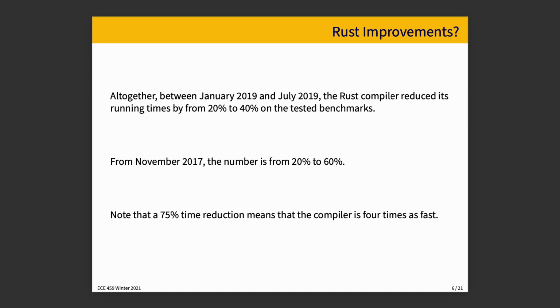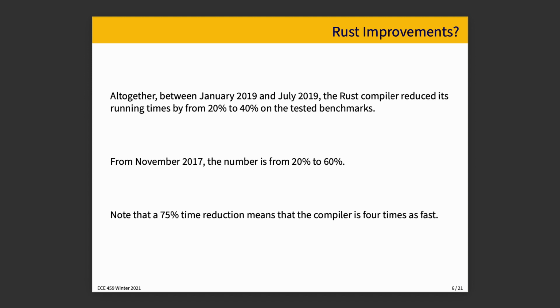Altogether, between January of 2019 and July of 2019, the Rust compiler had its runtime reduced by about 20% to 40% on the tested benchmarks. So somewhere between 20 and 40% better on most of the benchmarks. And from November 17, improvements are in the range of 20% to 60% between the original code and the newest version.